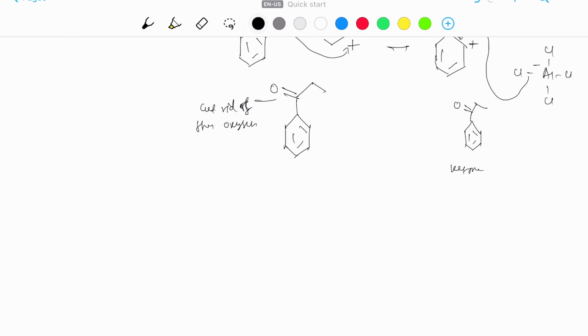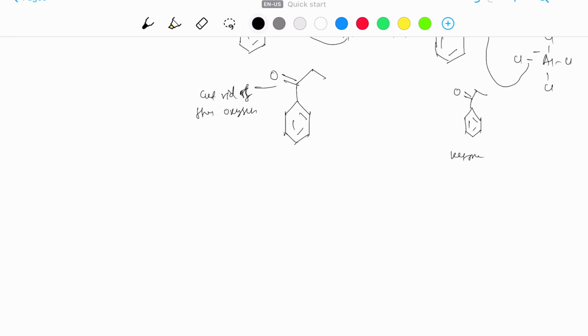But just know that, let's say that we react this in the presence of zinc amalgam, so that is a mixture of zinc and mercury. So this is called zinc amalgam, that's an alloy, and then this thing will be reduced to our linear propylbenzene.